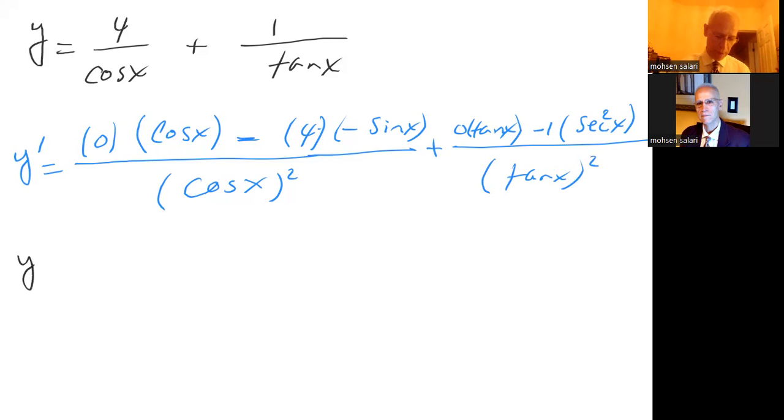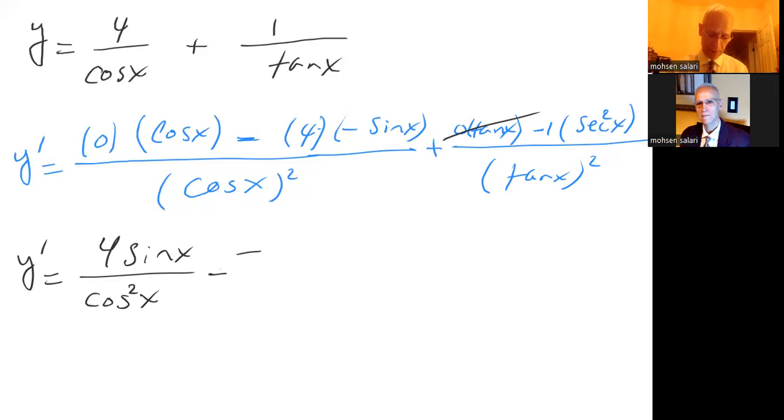So y prime equals, well, 0 times cosine of x is just 0. Then I get 4 sine of x over cosine squared of x. And then I have, this is 0. So I have minus, or I should say plus minus, secant squared of x over tangent squared of x.